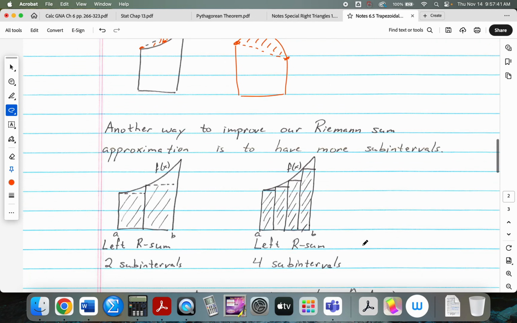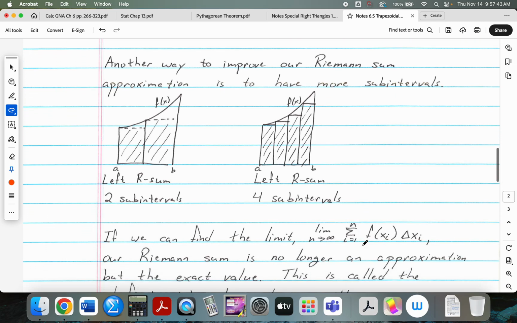So another way to improve Riemann sums, and we've already talked about this, but it's an important enough idea that I think we need to go through it again, is to have more subintervals. Remember we talked about when you have just a very few subintervals, it's like a digital image that isn't super high resolution, it's very pixelated, right? It's very clunky looking.